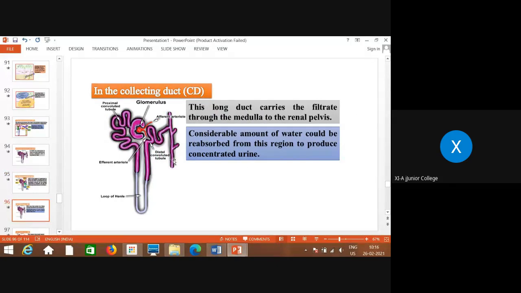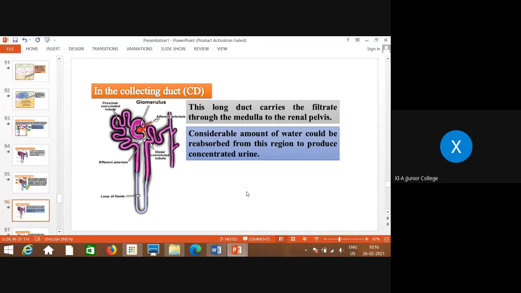Now the last part of this nephron is called the CD, that is, the collecting duct. It carries the filtrate from the DCT region, up to which the entire area is present in the medullary region. From the medullary region it comes to the innermost part of the kidney, that is called the pelvis.